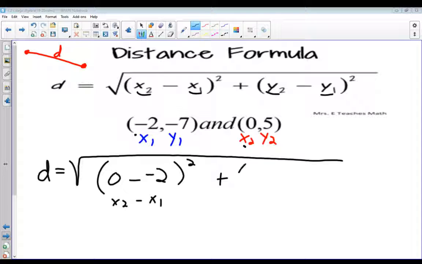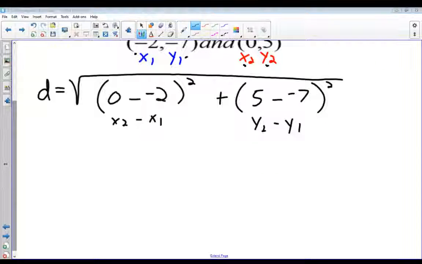Then plus y sub 2 minus y sub 1. The y sub 2 is 5, and then minus y sub 1, which is going to be negative 7. And then let's simplify from there. Again, we're still finding distance.